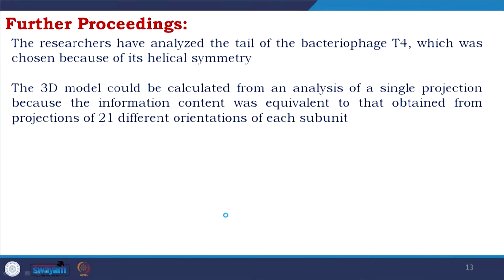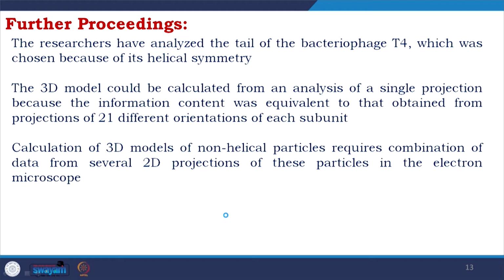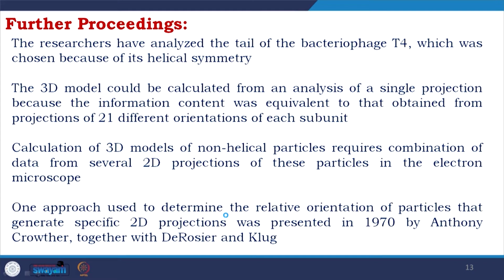The 3D model could be calculated from an analysis of a single projection, because the information content was equivalent to that obtained from projection of 21 different orientations of each of the subunits. Calculation of 3D models of non-helical particles requires combination of data from several 2D projections of these particles in the electron microscope. One approach used to determine the relative orientation of the particles that generate a specific 2D projection was presented in 1970 by Anthony Crowther together with the other people we talked about, DeRosier and Klug.